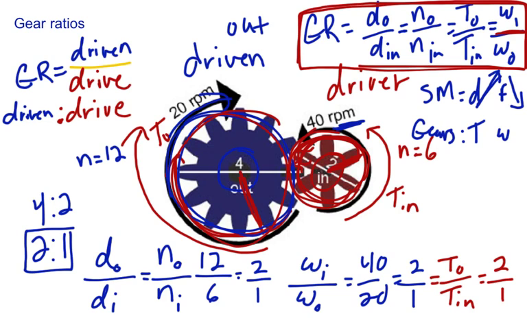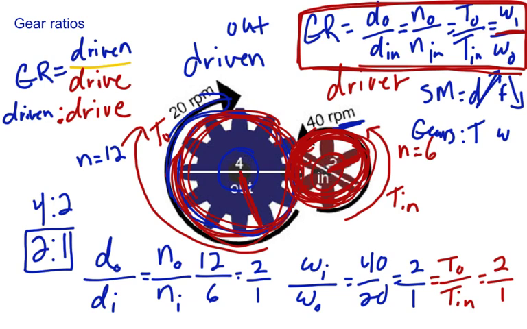You could go the other way. If in this problem the blue gear was the driver and the red one is then being driven, that's totally fine. You'd still use all the same gear ratio equations, but since we're doing out over in like normal, your out is this one and your in is this one, so you're going to have gear ratios less than 1.